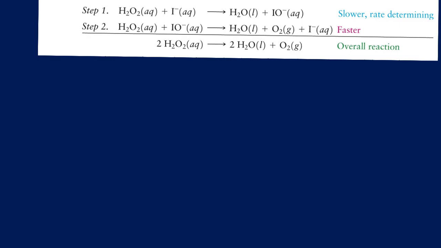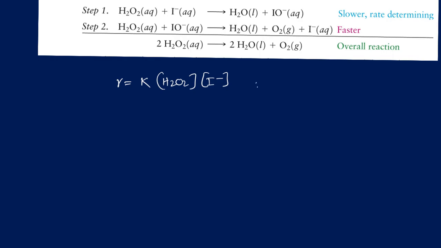Now, the rate law is R is equal to K. Here nothing is given to me, so I can write K, H2O2 concentration and I minus concentration. This is called the rate law because the first step is the rate determining step.